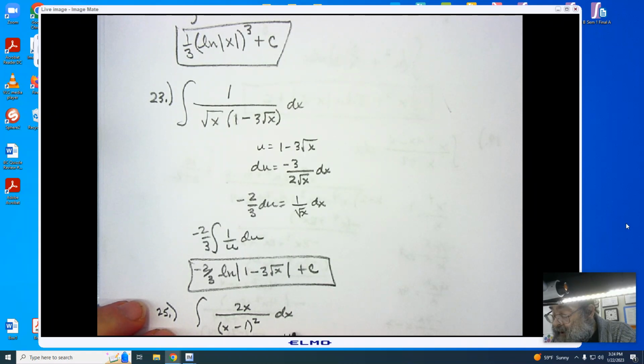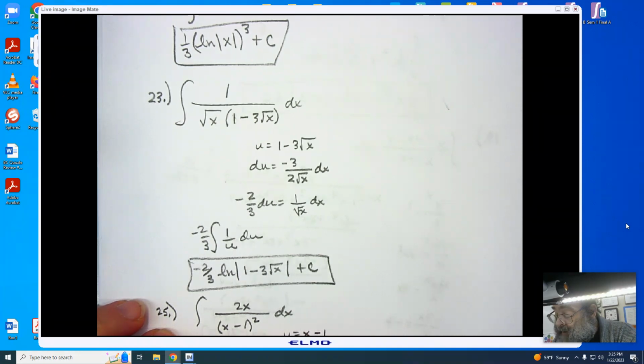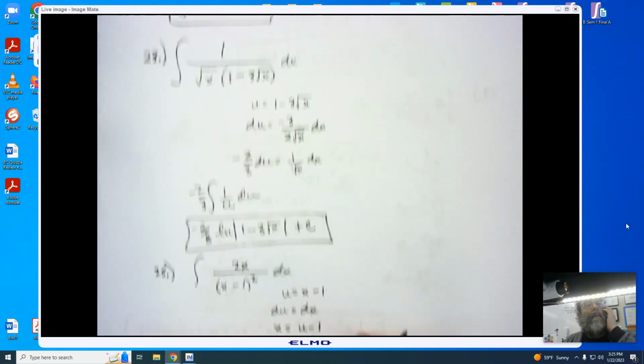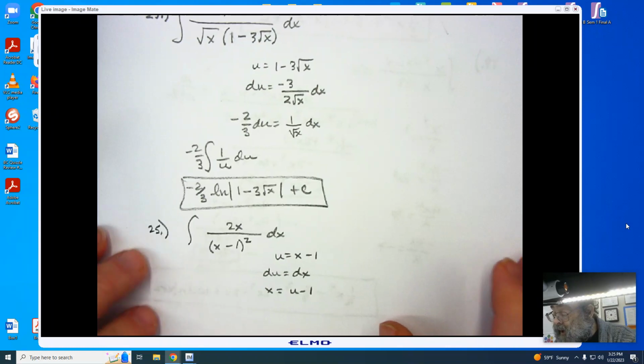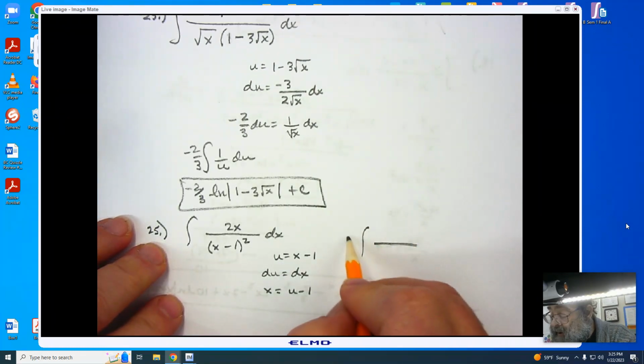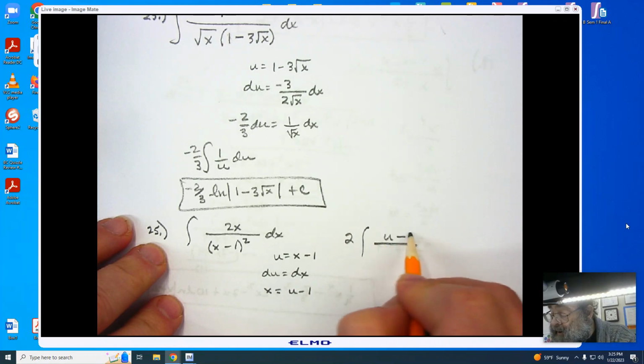Let's take a look if I let u equal x minus 1, I know that du is equal to the dx, but I also know that x is equal to u plus 1. So that's what I'm going to try and do.